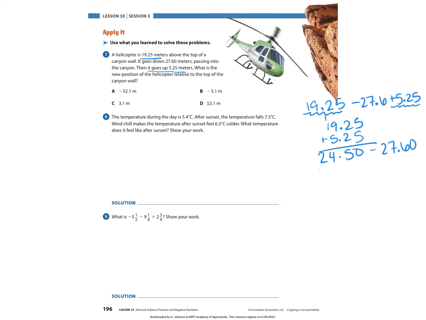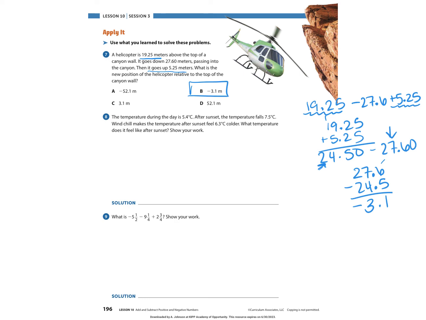So since one is positive, one is negative, we have to subtract. So I'm going to do 27.6 minus 24.5. I'm going to get 3.1. Is it positive or is it negative? I have 24 positives. I have 27 negatives. So it is negative overall. So we can clearly see that that is answer choice B.